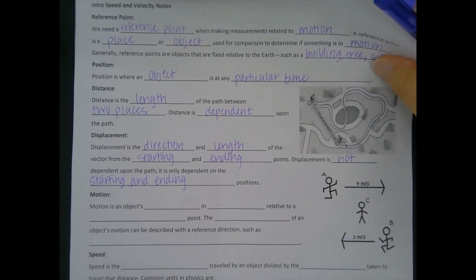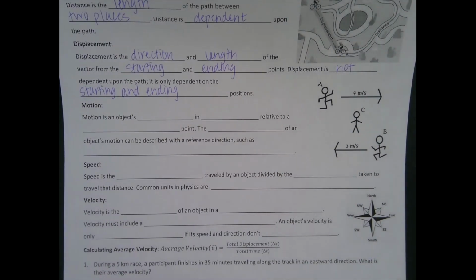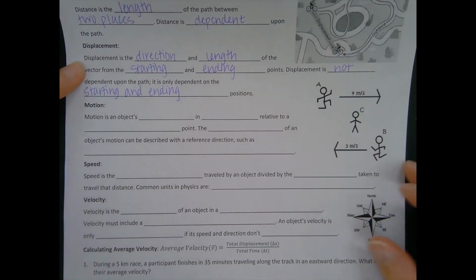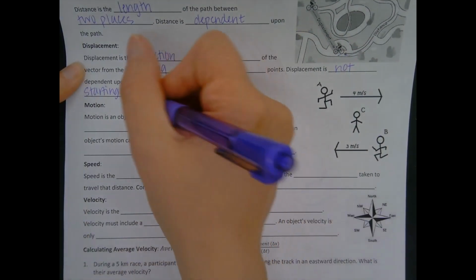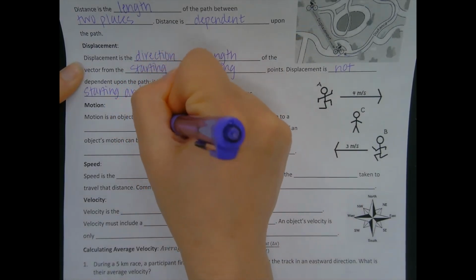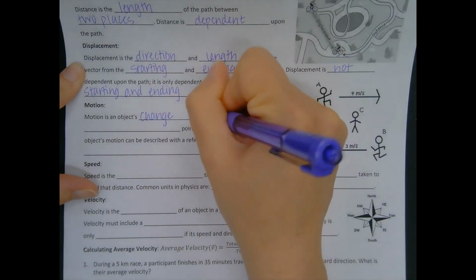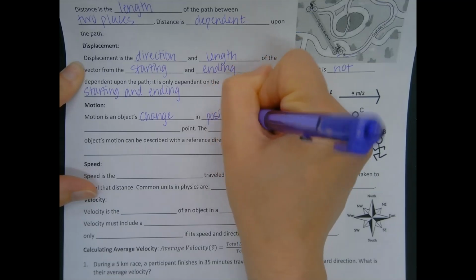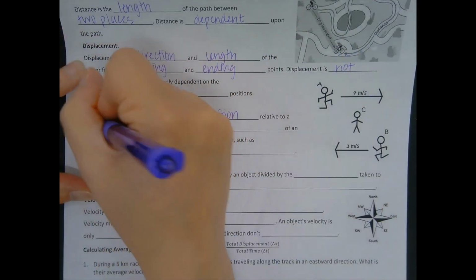So then motion. Let's get into the definition here of motion. Motion is an object's change in position relative to a reference point.